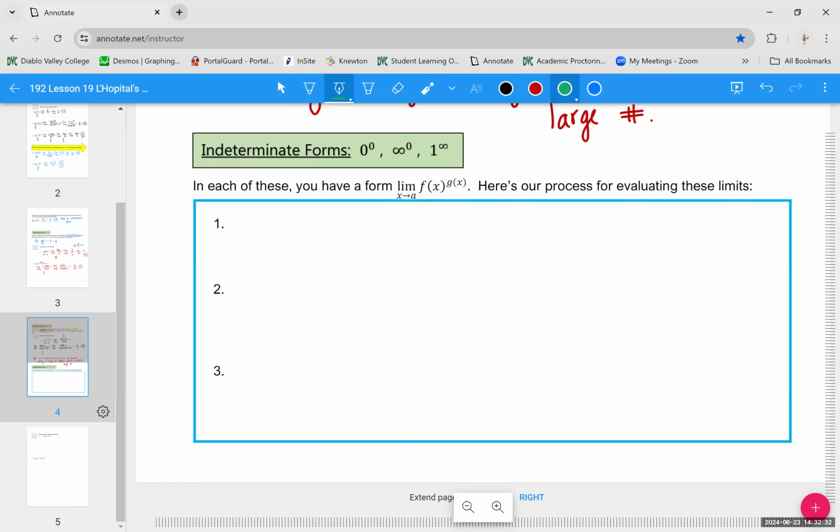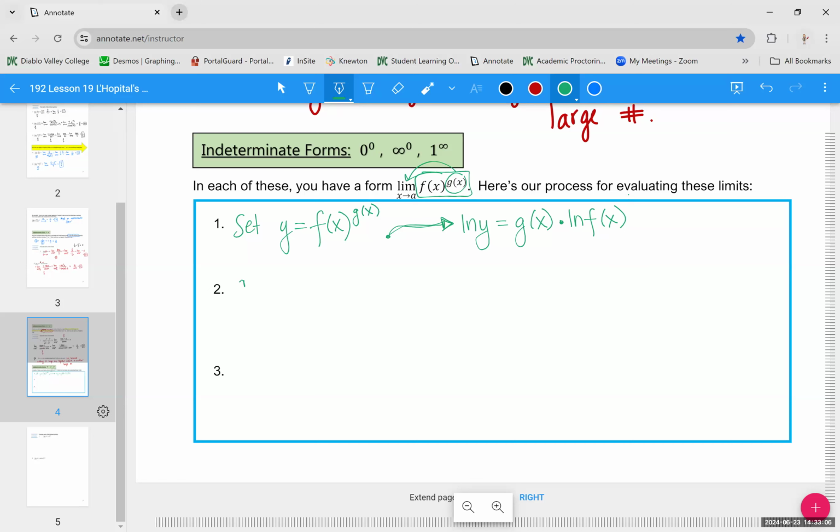So our first step is going to be to set y equal to this f of x to the g of x that you have. And then that's going to lead you to the natural log of y will be g of x times the natural log of f of x, right? So that would be just pulling that exponent out front using the log property of logs.